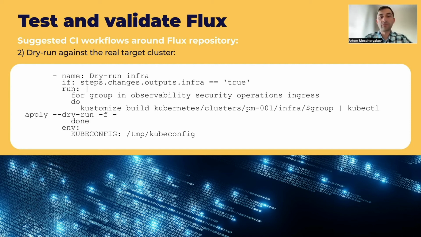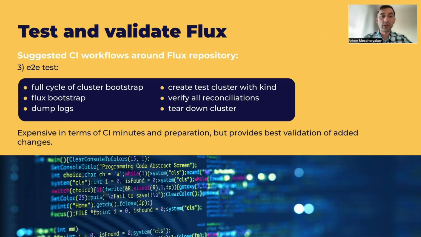The kustomize build command just renders everything in its structure and prints out the raw YAML as it is getting applied by kubectl. And such a dry run helps to detect issues before they get merged to the main branch.